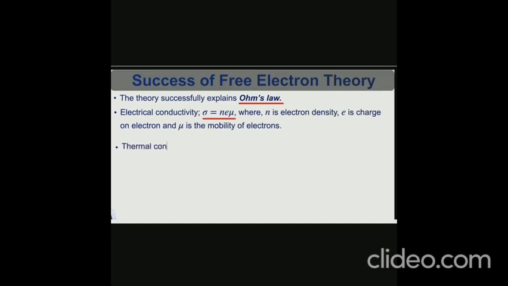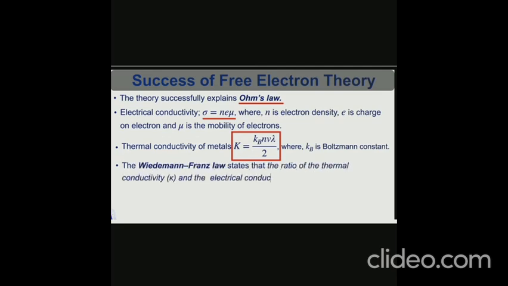And next, it explains the thermal conductivity of metals. The thermal conductivity of metals is K equals kB n v lambda divided by 2, where kB is the Boltzmann constant. Next, the Wiedemann-Franz law states that the ratio of thermal conductivity and electrical conductivity of a metal is proportional to the temperature T.